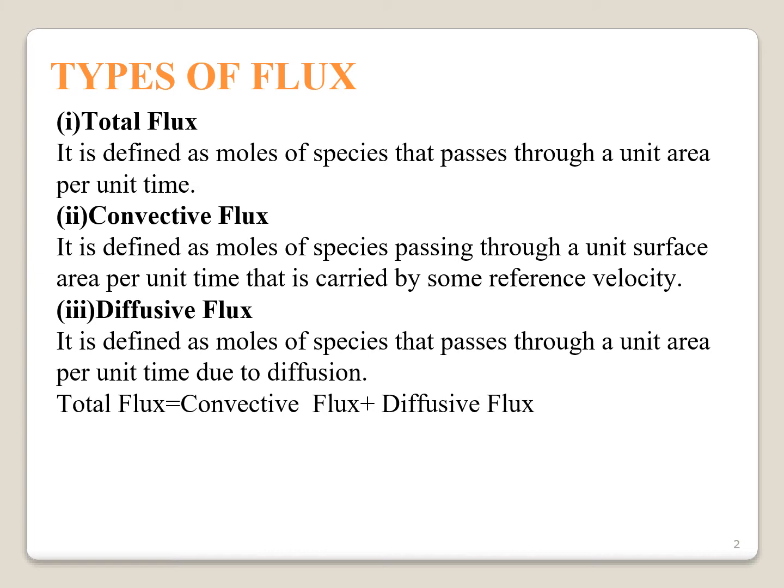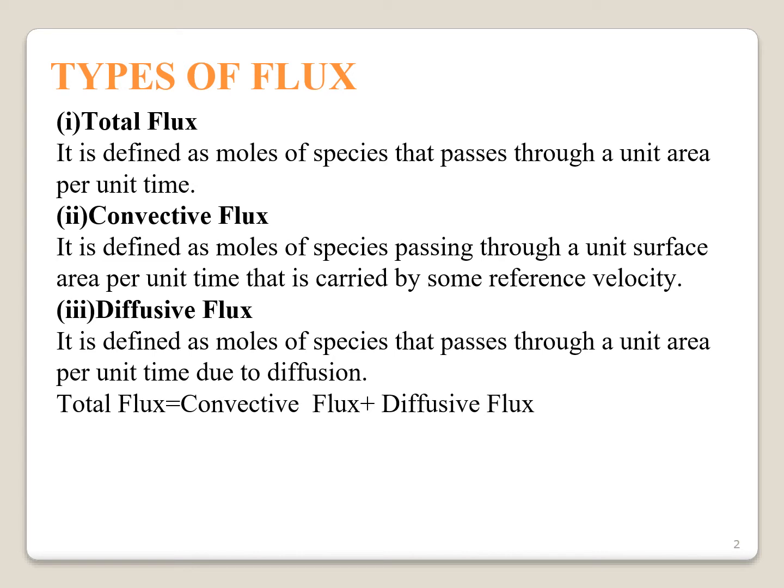What is the relation of these fluxes? Total flux is equal to convective flux plus diffusive flux. In this case, we will consider the convective flux is equal to 0. In this case only, total flux is equal to diffusive flux.